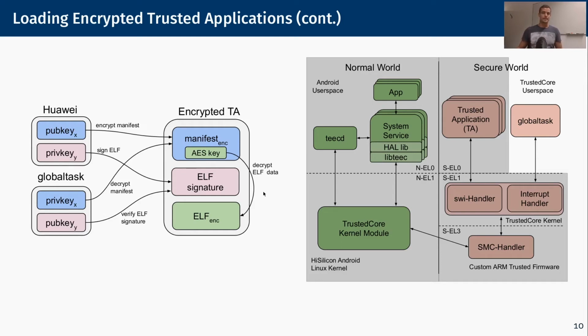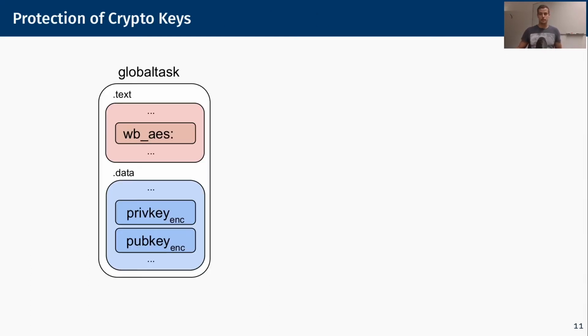All right, and in this loading process, the crucial piece here to protect the confidentiality of these trusted applications ELF files are obviously this private key here that protects the AES key in the manifest. So we were interested in how this key is protected within global task.